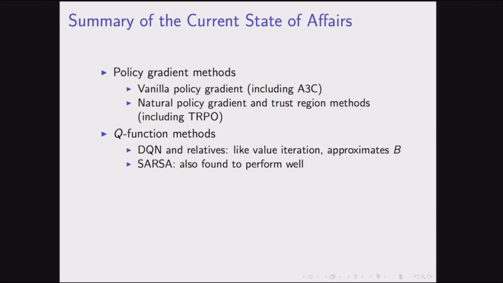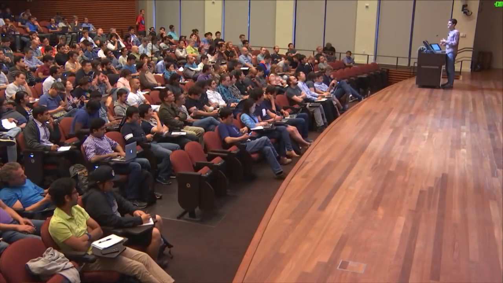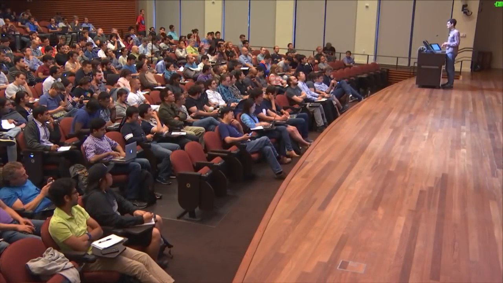And then SARSA is related to policy iteration. These are dealing with different Bellman equations. So it's kind of interesting that both kinds of methods work, and they have fairly similar behaviors, as it turns out.